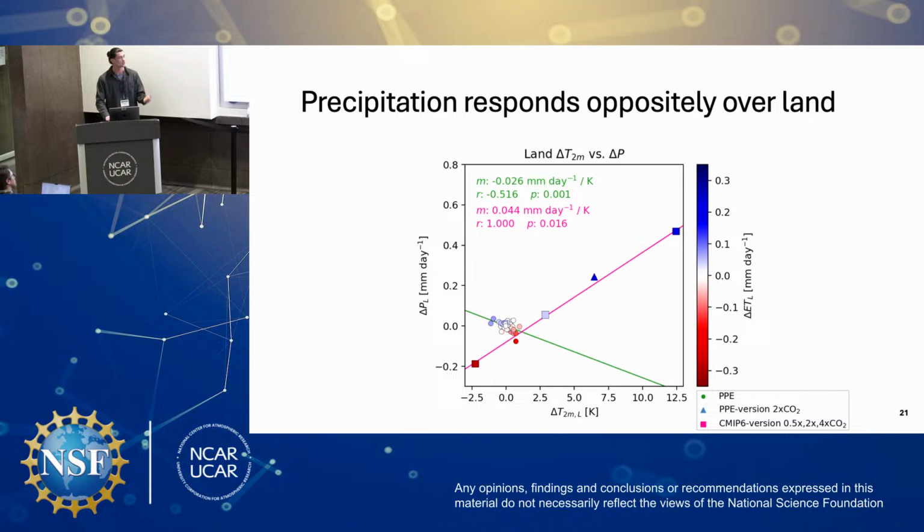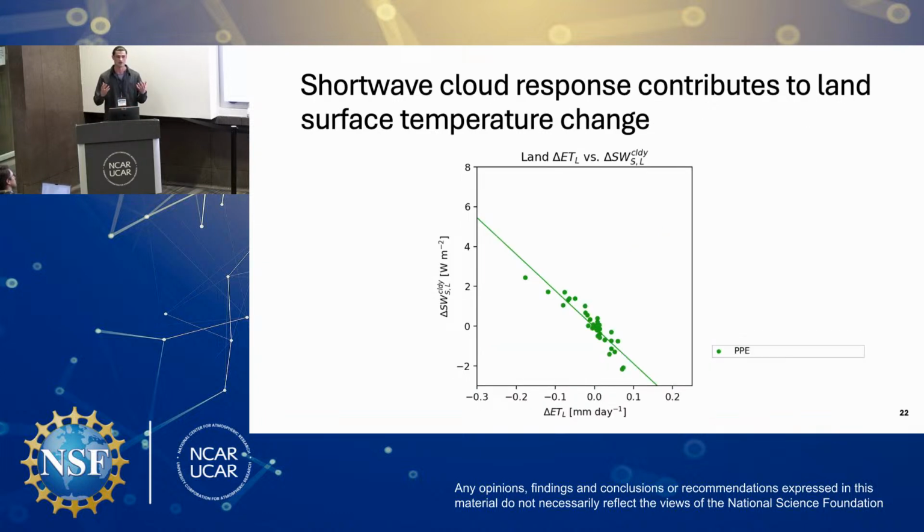I also wanted to come back to that shortwave cloud response and see whether you have the same response in that middle space between the two end members that was in Marissa's work, and we do still see that. Here I'm plotting the land change in evapotranspiration and the change in downwelling shortwave cloudy radiation at the surface.